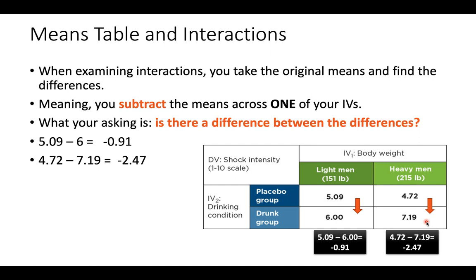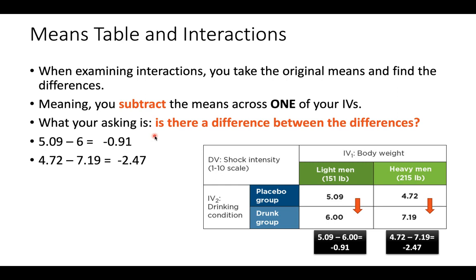It literally doesn't matter. So make it easy on yourself and always just subtract these means down the table. So 5.09 minus 6 gives us negative 0.91. 4.72 minus 7.19 gives us negative 2.47. So we have our difference scores.